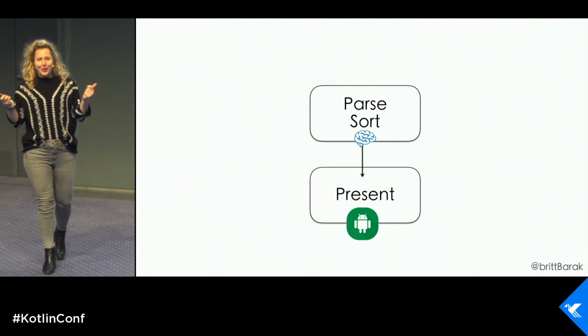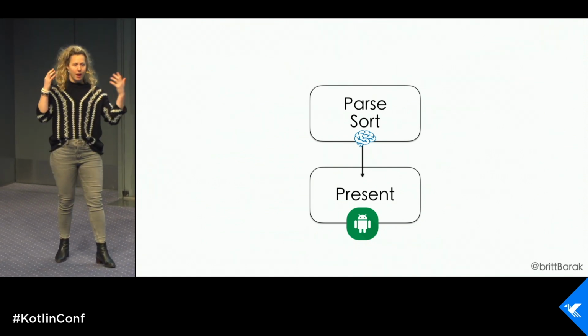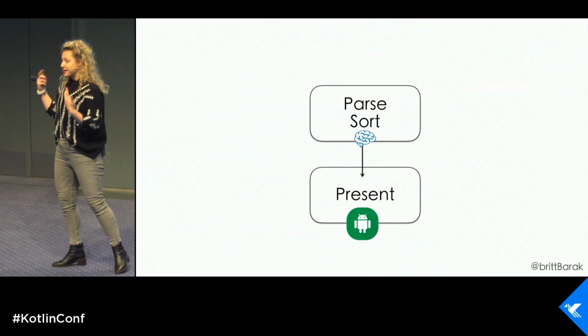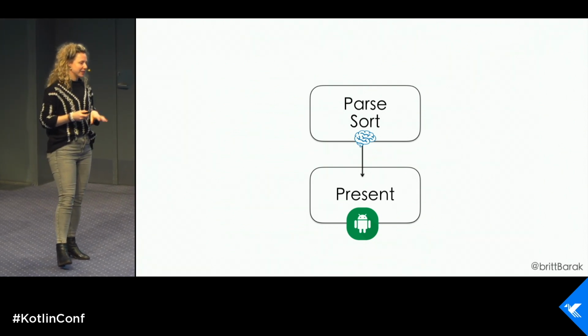So I would probably, in one way or another, want to separate it to make my app architecture robust and testable and so on. So probably that's what I would do.